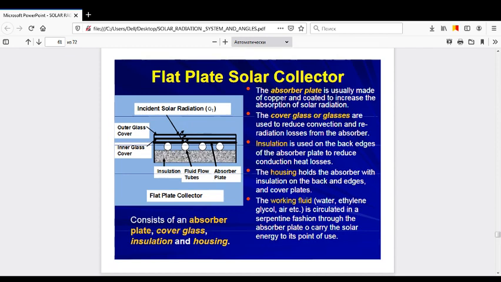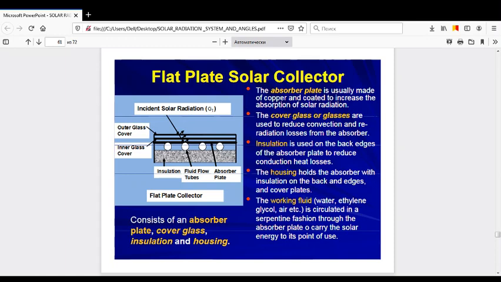Now the flat plate solar collector. Incident solar radiation, outer glass cover, inner glass cover, insulation, fluid flow, absorber plate. It consists of an absorber flat plate, cover glass, insulation and housing. The absorber plate is usually made of copper and coated to increase the absorption of solar radiation. The cover glass or glasses are used to reduce convection and radiation losses from the absorber.